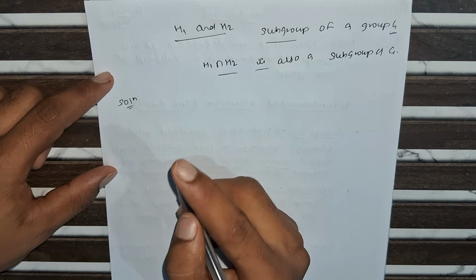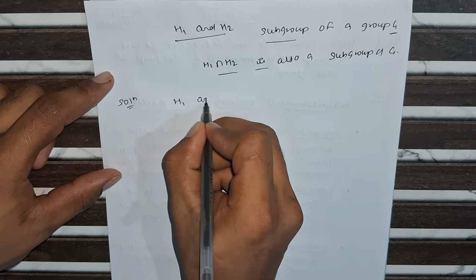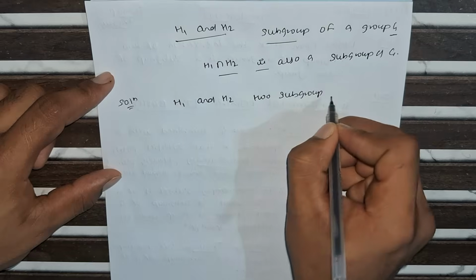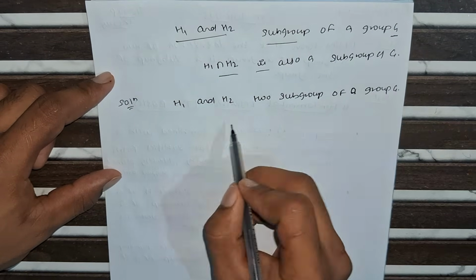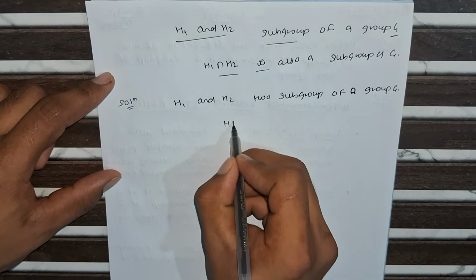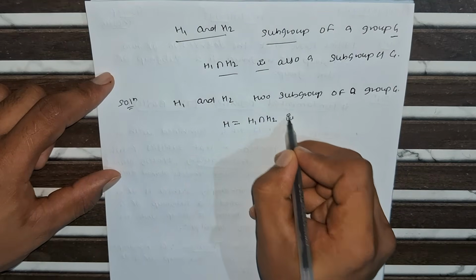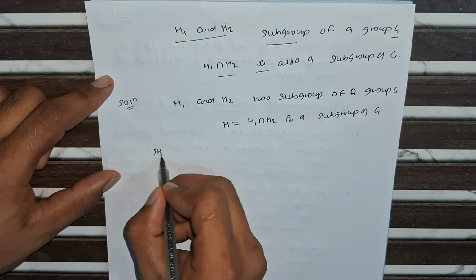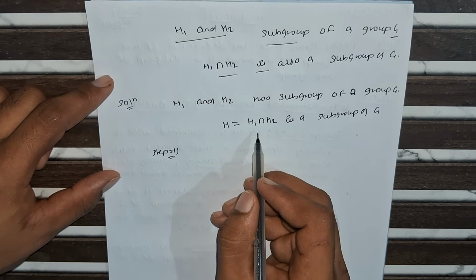Let H1 and H2 be two subgroups of a group G. Now we need to prove that H equals H1 intersection H2 is a subgroup of G. So our step 1 is to prove that H1 intersection H2 is non-empty.